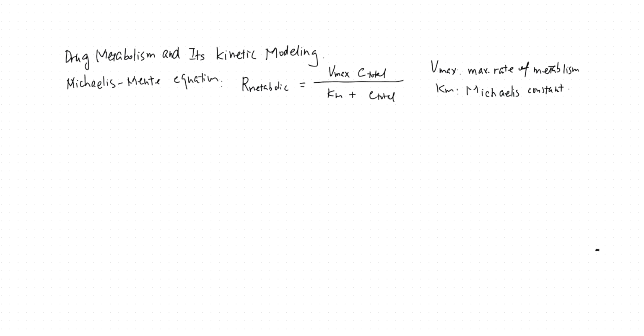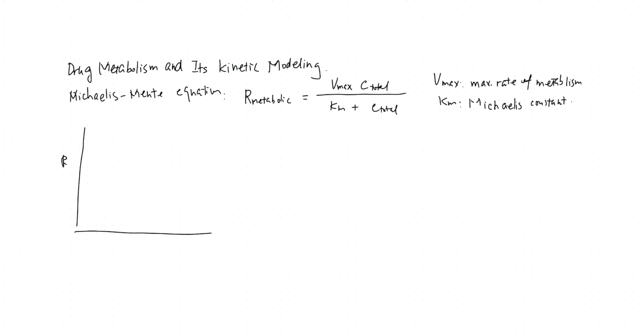Okay, so now let's see some limits, because you know that if you draw R as a function of C total, you get this type of behavior. So let's mathematically analyze this.